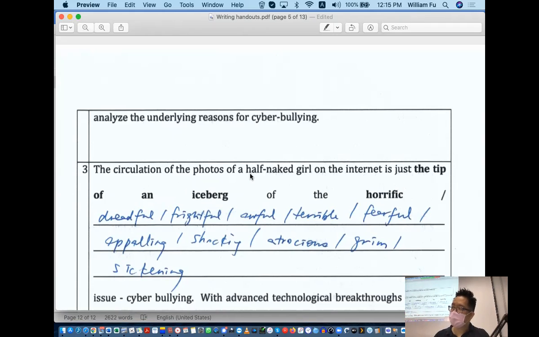About 10 years ago, there was a Hong Kong girl, and she always went out to protest. Okay, you know what she was wearing all the time? She was wearing a tube top. You know tube top?